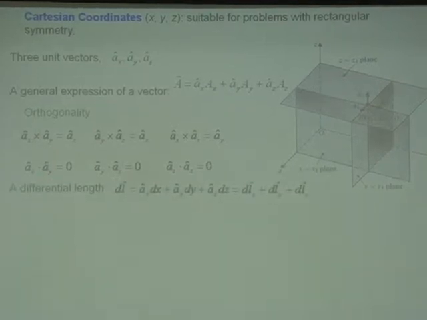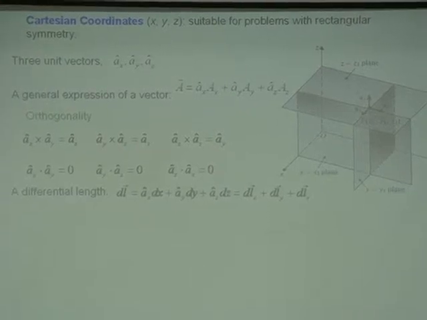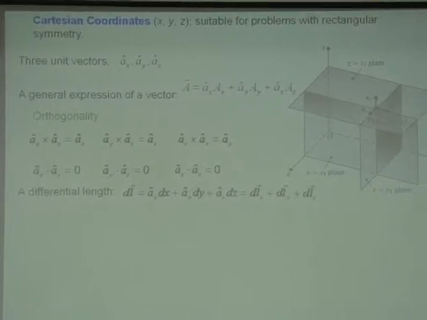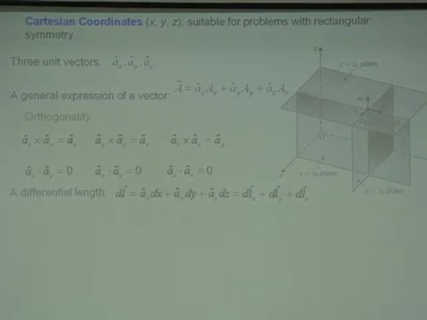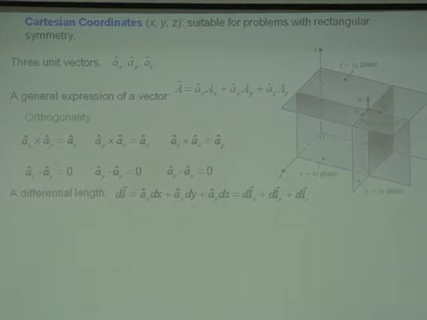Again, I want to remind you the very important calculations for a field are flux and circulation. For circulation, you always have to deal with the integration of length. So let's pick up the differential length in space in the XYZ coordinate system, this rectangular coordinate system.